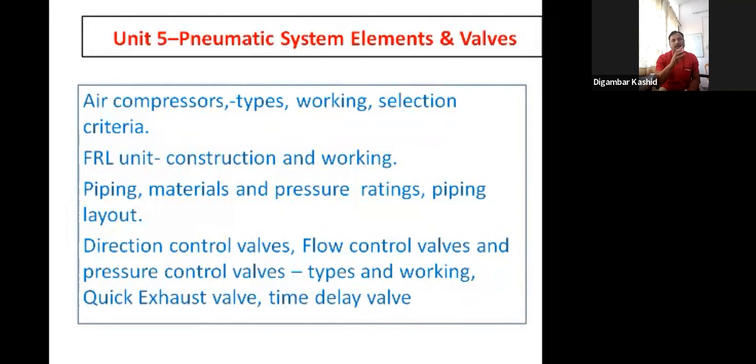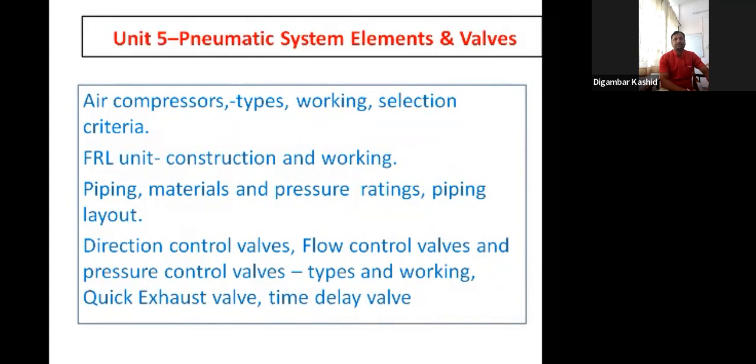To transport that air from the compressor to the actuator or onward through the valve, we need a piping system. For that piping, we will discuss which materials we should take, and depending on the pressure rating, how the piping layout should be. Then we will discuss direction control, flow control and pressure control.